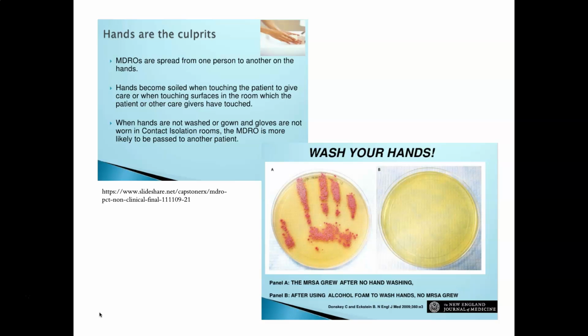When hands are not washed or gown and gloves are not worn in contact isolation rooms, the MDRO is more likely to be passed to another patient because the caregiver is picking up that MDRO, and if they're not making sure that they are cleaning themselves very carefully and anything that they have with them before they walk into the next patient room, they can be moving those bacteria from one patient to another.